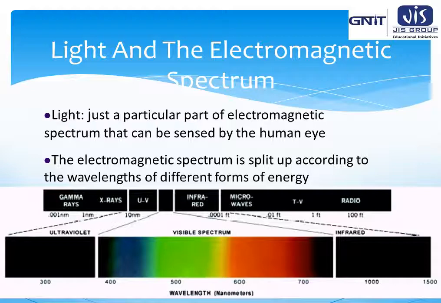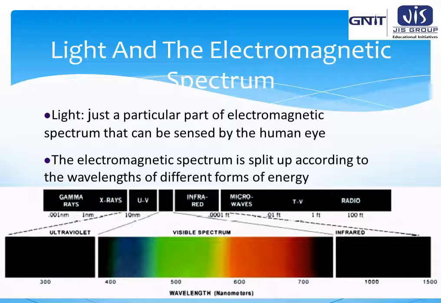The electromagnetic spectrum is split up according to the wavelength of different forms of energy. Here we can see it starts with gamma rays, then X-rays, then ultraviolet rays, then the visible spectrum, then infrared, then microwaves, TV and radio.